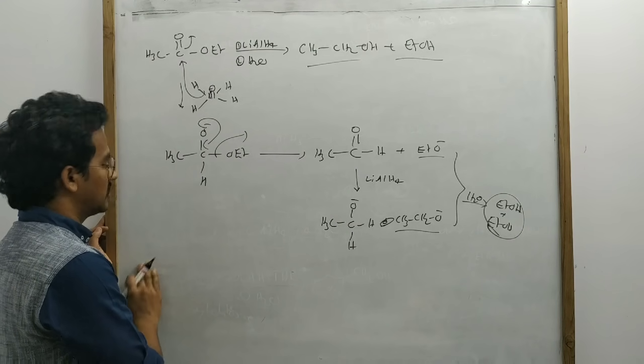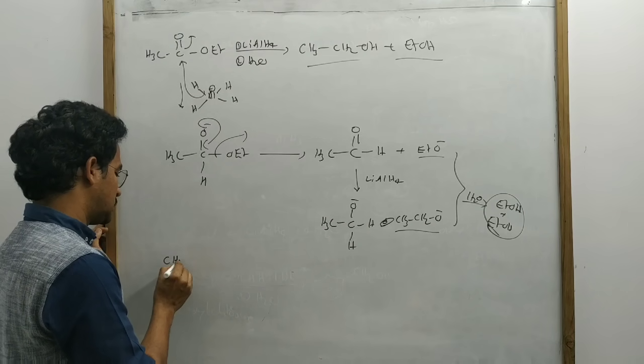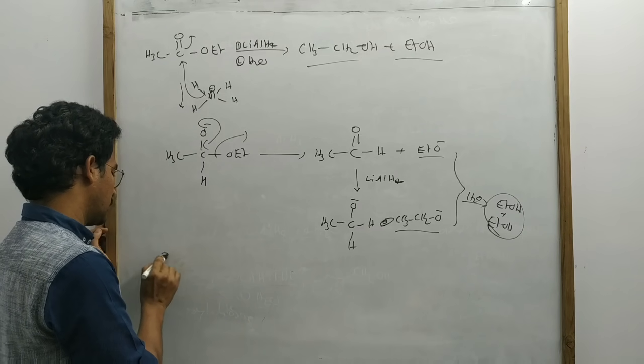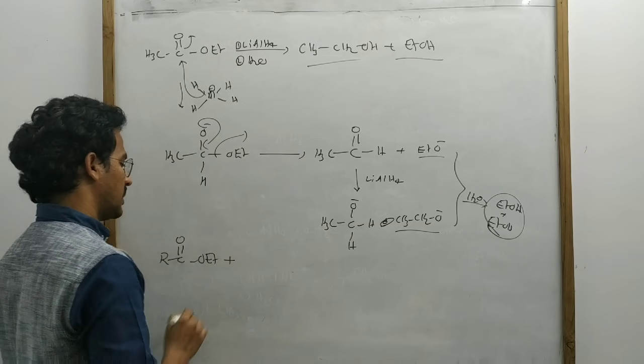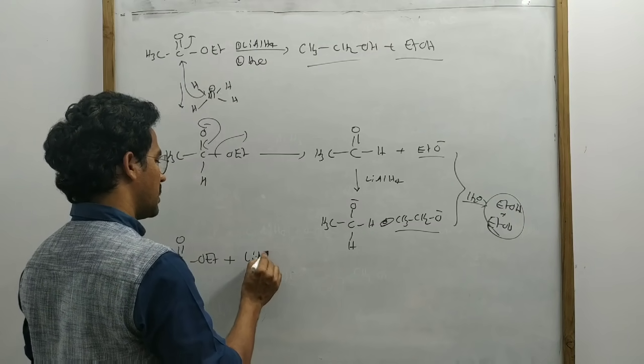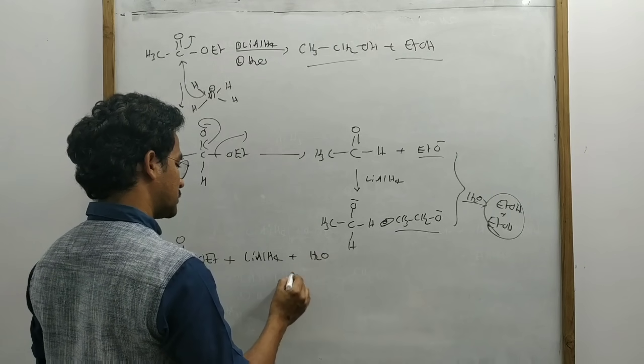So again in this case, the balanced reaction is as follows. I am writing RC double bond O, OEt plus LiAlH4 followed by hydrolysis.